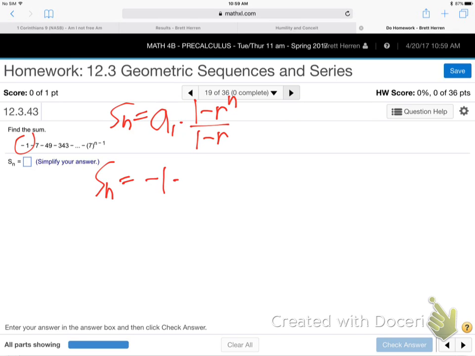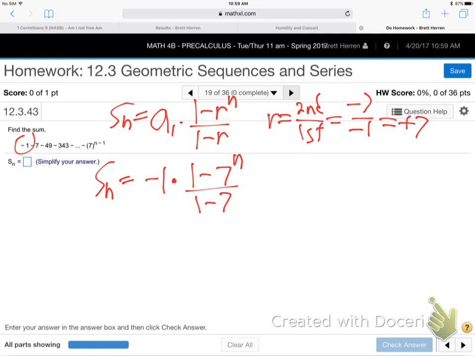First term, -1. And what's r? +7, huh? Everybody seeing that? If you're not sure, go over on the side. r is second term over first term. Second term is -7. First term is -1. It's +7. So +7 to the n power. Good like that.